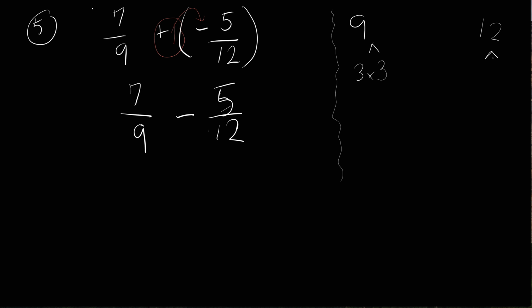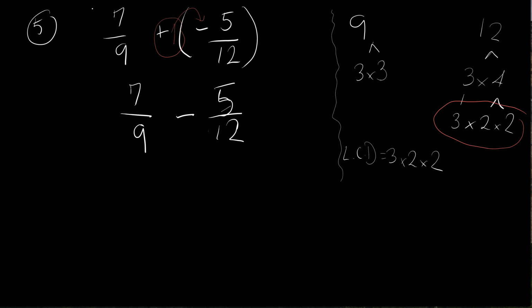You're gonna prime factor this 12, which is gonna be 3 times 4, but the 4 I can still break down into 2 times 2. Once I have that, my least common multiple, or least common denominator, is going to be 3 times 2 times 2, and we have to check if the 3 and 3 are here already.